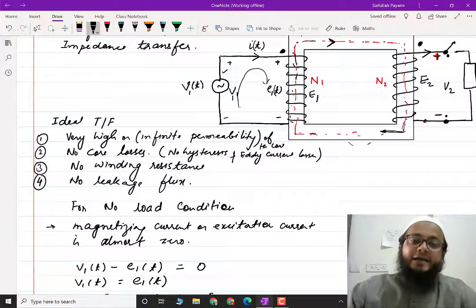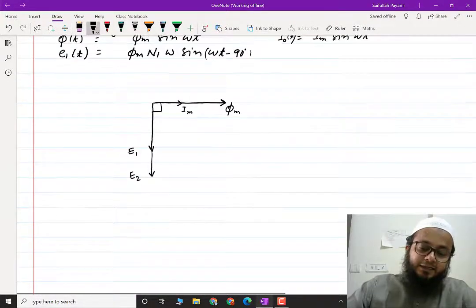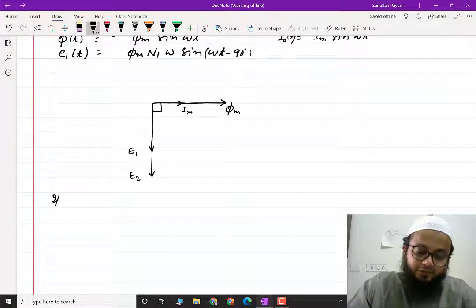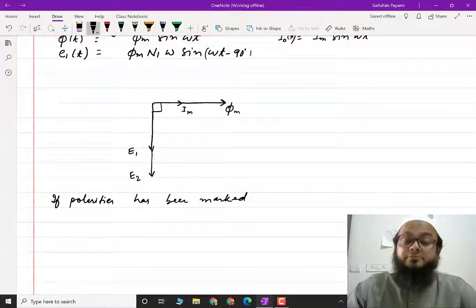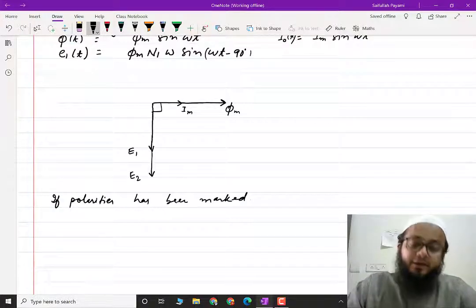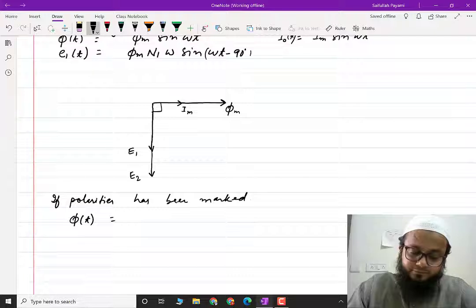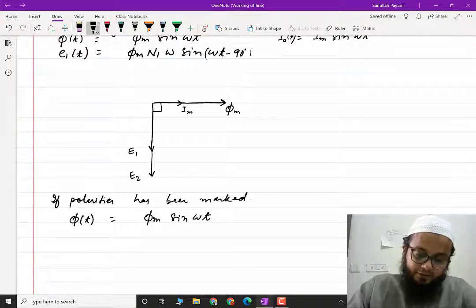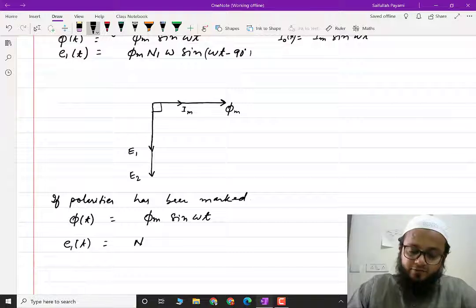So if the polarities have been marked, then I need not consider the Lenz's law equation, that negative sign for Lenz's law. So if phi t is phi m sine omega t, the induced EMF would be, based on Faraday's law, E1t equals N d phi t upon dt.